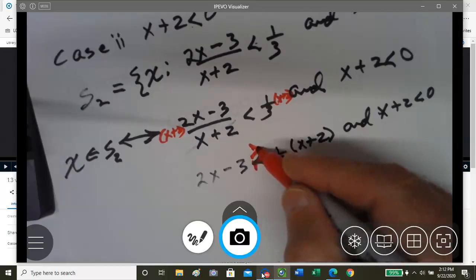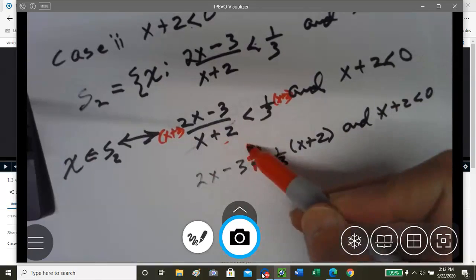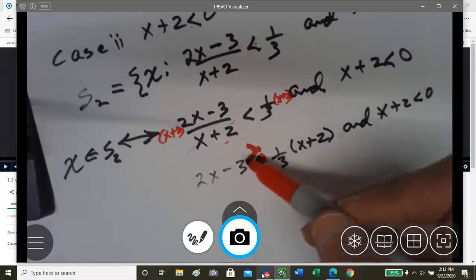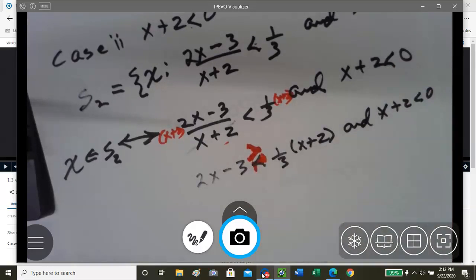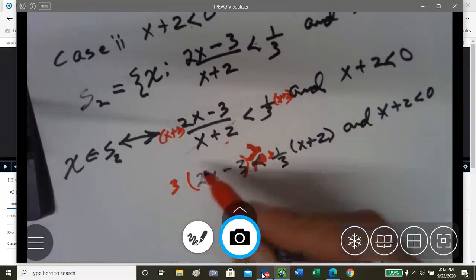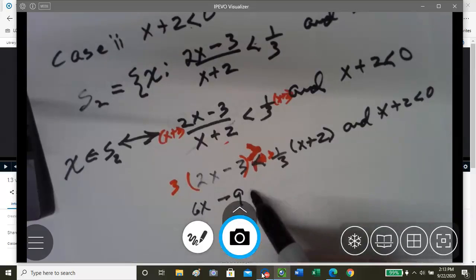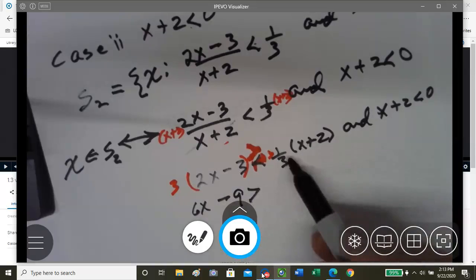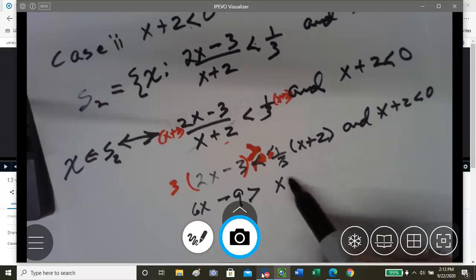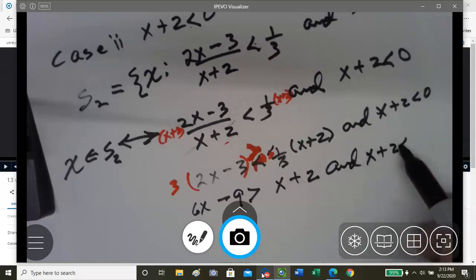So now, because the denominator is less than 0, that makes that inequality sign greater than: 2x - 3 is greater than 1/3 (x + 2). So now we're going to multiply out the 3, and we get, again, 6x - 9 greater than x + 2, and x + 2 is less than 0.